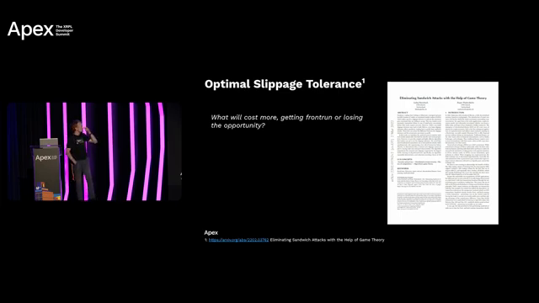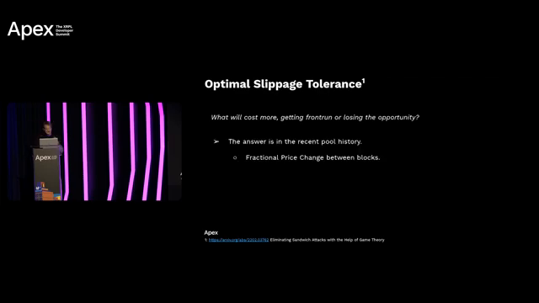And the answer to this question is in this amazing paper from Switzerland by Loba Heimbach. And what they say is, well, the answer lies in the history of the pool. The answer is in the fractional price change of the AMM. What fractional price change is basically, block to block, how did the AMM pool price shift?